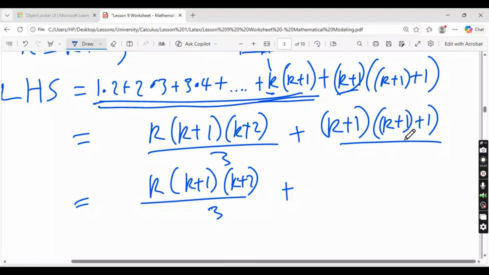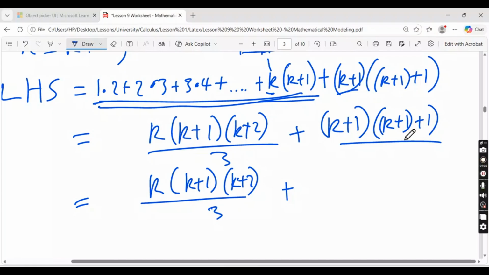The final answer is k cubed plus 6k squared plus 5k plus 6.